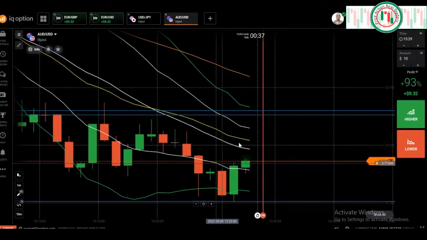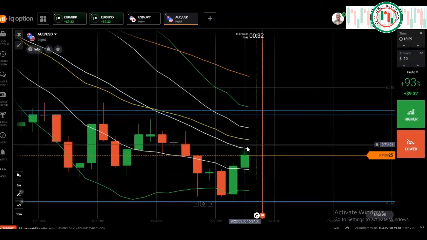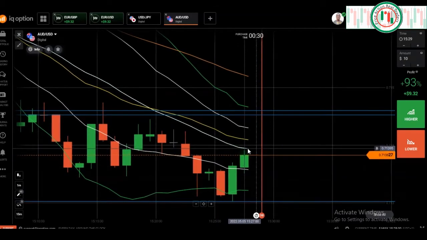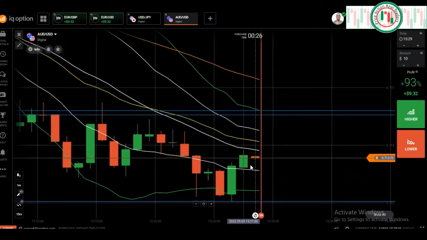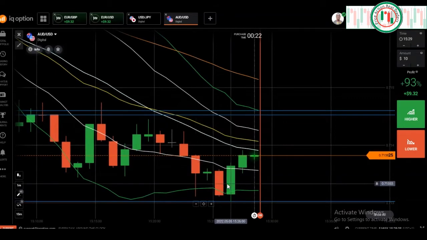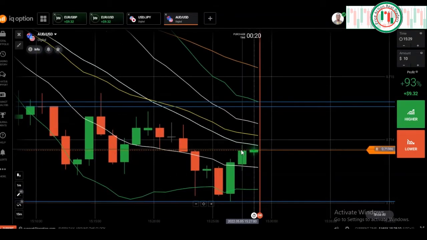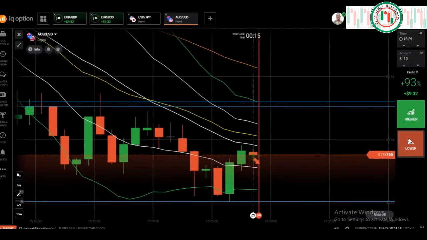See here, here is engulfing, here is engulfing. So this zone is a very nice zone. I'll wait.